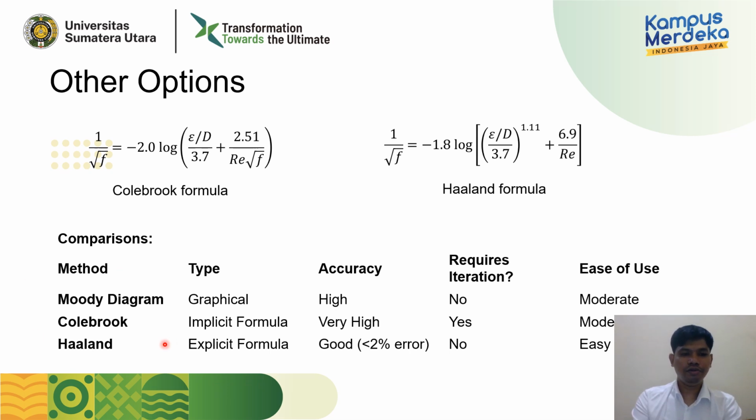For example, you choose the Haaland formula, and because you are afraid that it is not really accurate, you compare the result with the Moody diagram, until you feel that the friction factor is validated. So you can use these three methods. Okay.